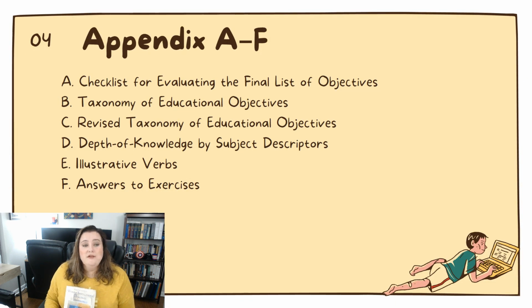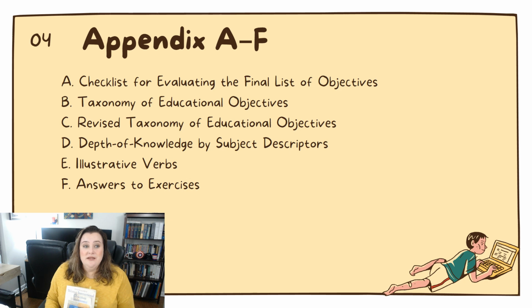All right, so then the appendix. The appendix has 6 different areas that are extremely loaded with content for, I would say, new teachers, but probably all professors or teachers. If you're going to buy the book, it's probably worth it based on the appendix because they provide really good information. So there's a checklist for evaluating the final lists of objectives.